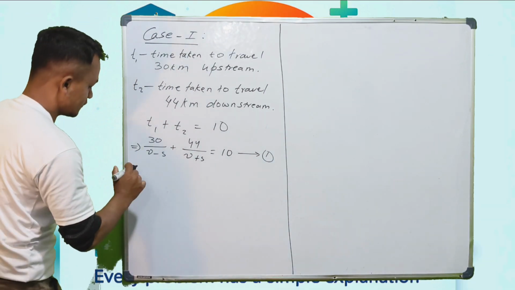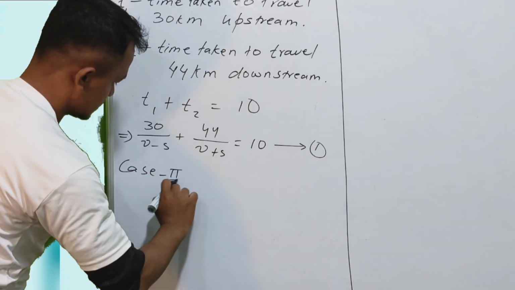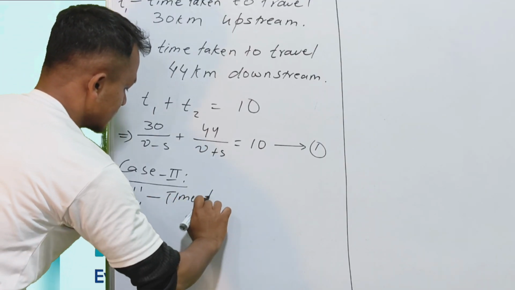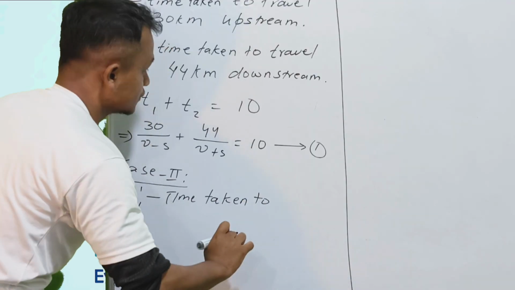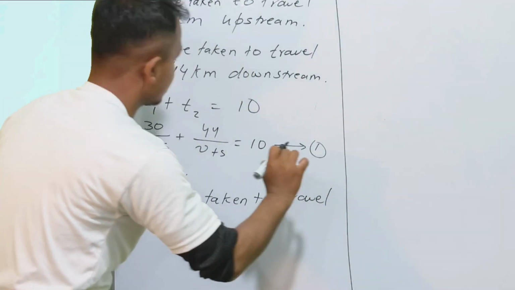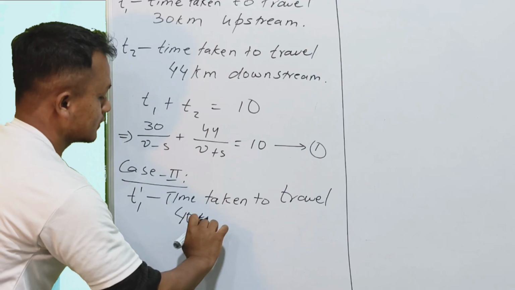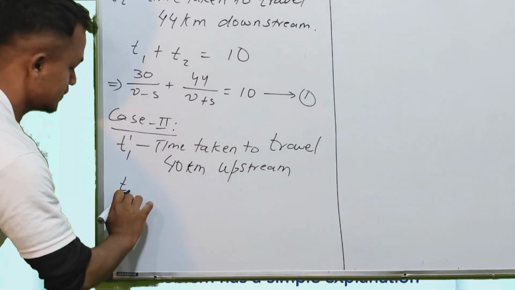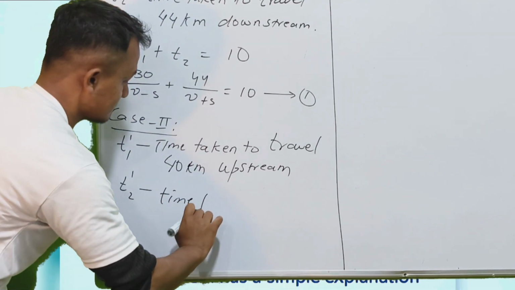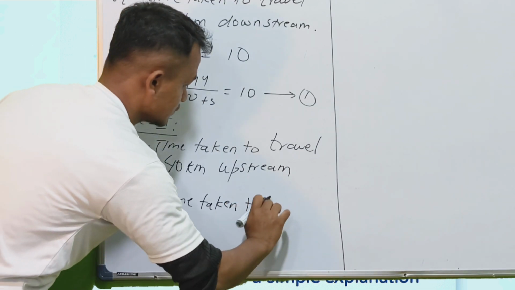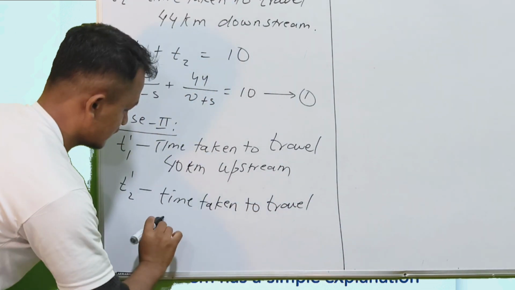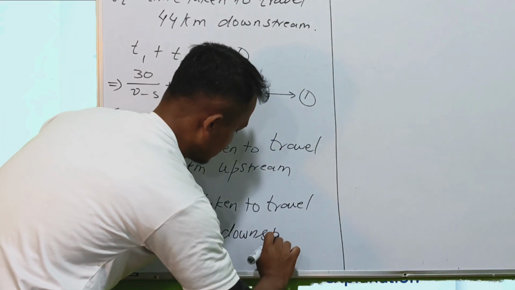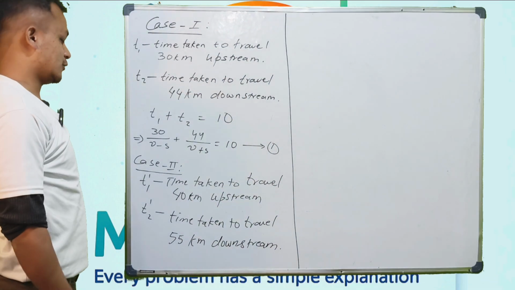Okay, for the second case, case number 2, let us say that T1 dash is the time taken to travel 40 km upstream, and T2 dash is the time taken to travel 55 km downstream.